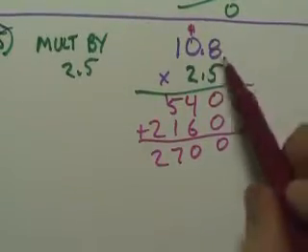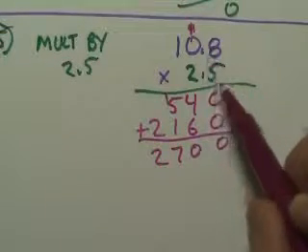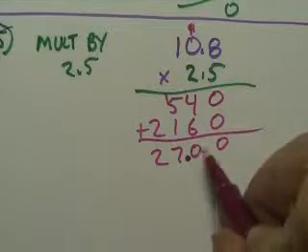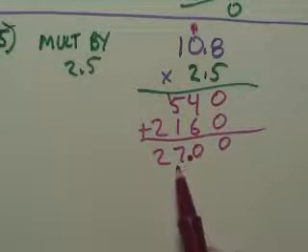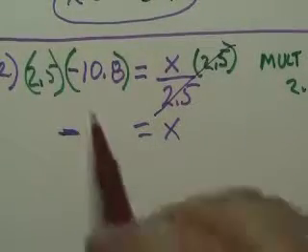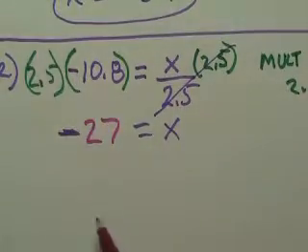And here's the trick. You have 2 decimal spaces. So you will move this over 2 decimal spaces. So your answer is just that, 27. 27 is the answer. So over here for answer, 27. Actually, negative 27 because it was negative 10.8.